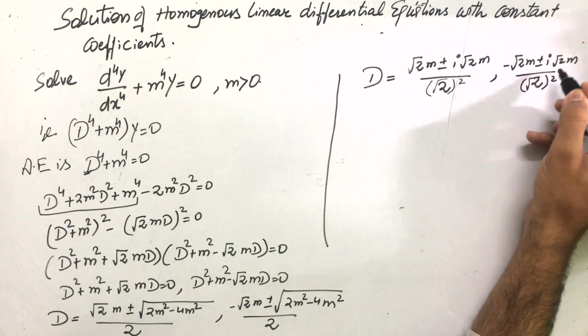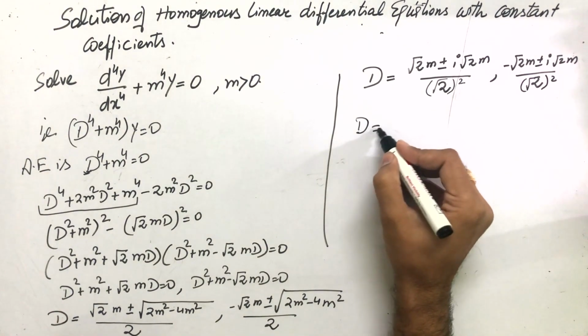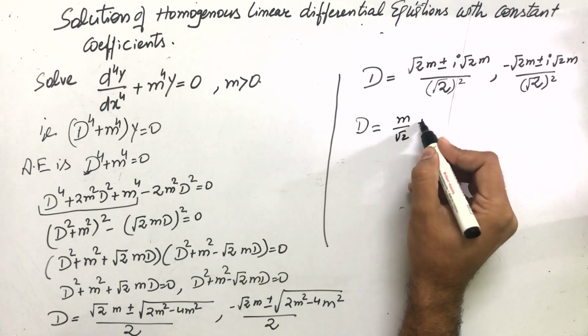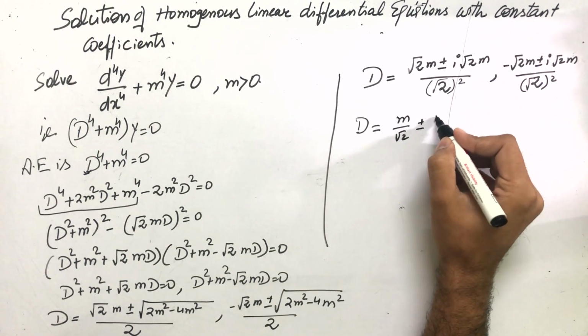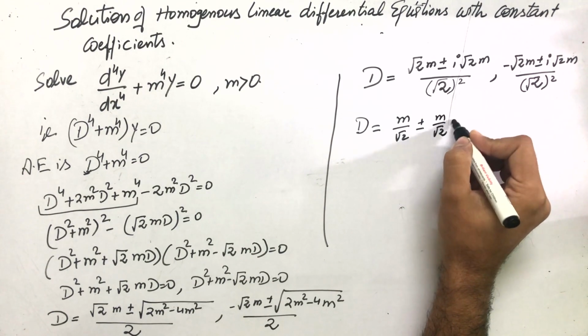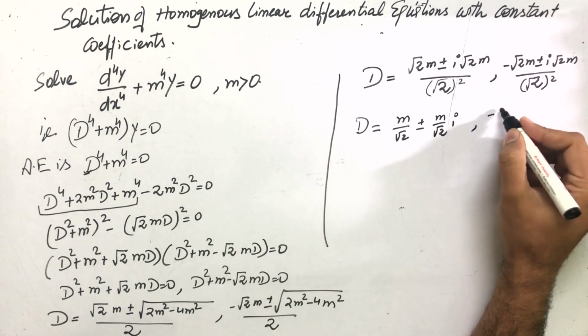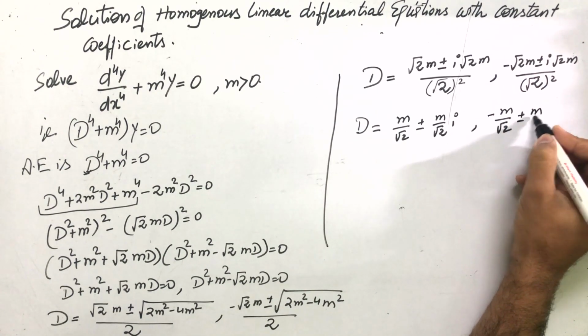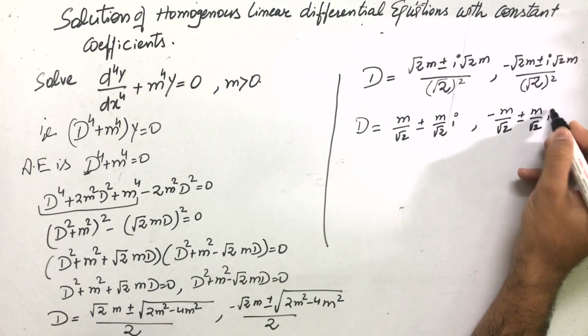So one under root will cancel. So we have D is equal to m by root 2 plus minus m by root 2 iota, and here minus m by root 2 plus minus m by root 2 iota.